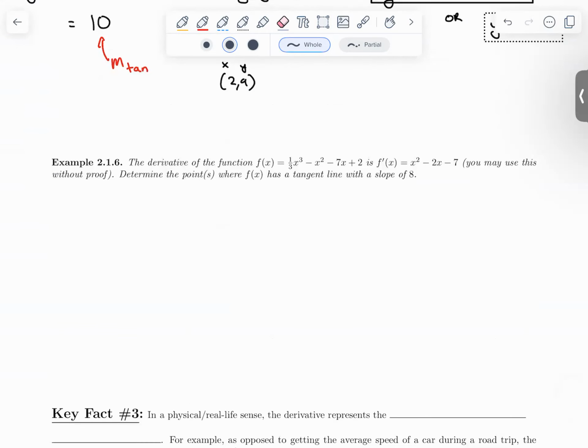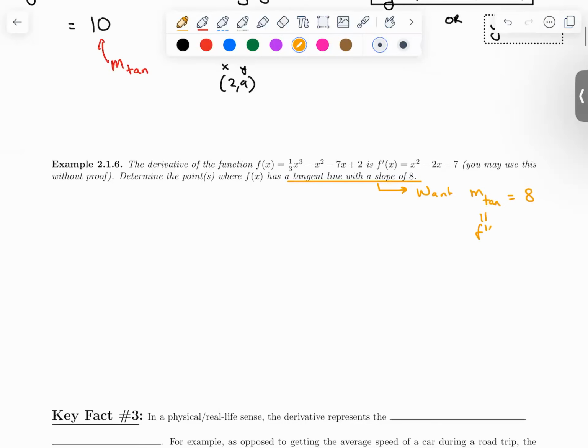All right. So determine the points where f has a tangent line with slope 8. So let's interpret this. We want our tangent line to have a slope of 8. That means we want mtan to equal 8. But mtan is f prime of a.